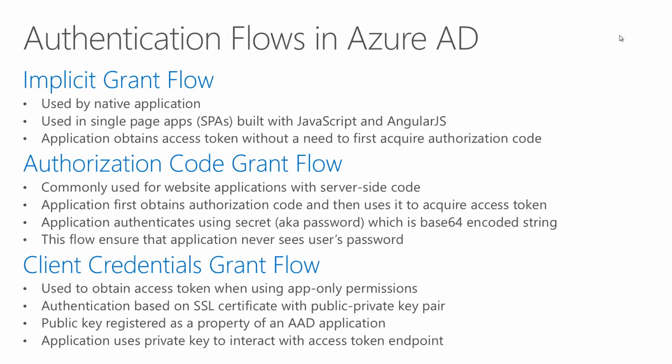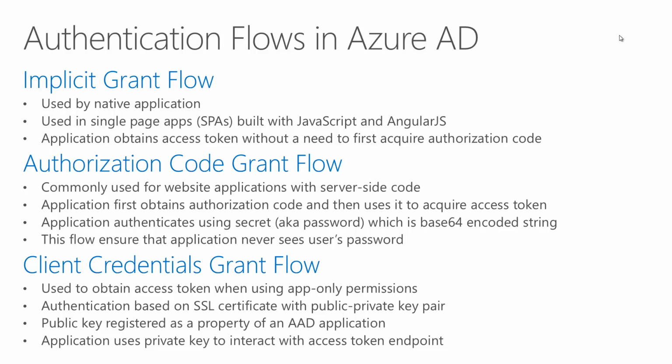Now, there's one other flow that we're not going to be able to cover in this short session, which is client credentials grant flow. Client credentials grant flow is when an application needs to authenticate by itself without a user, because I want to do something such as take advantage of the app-only permissions that have been configured for my application.